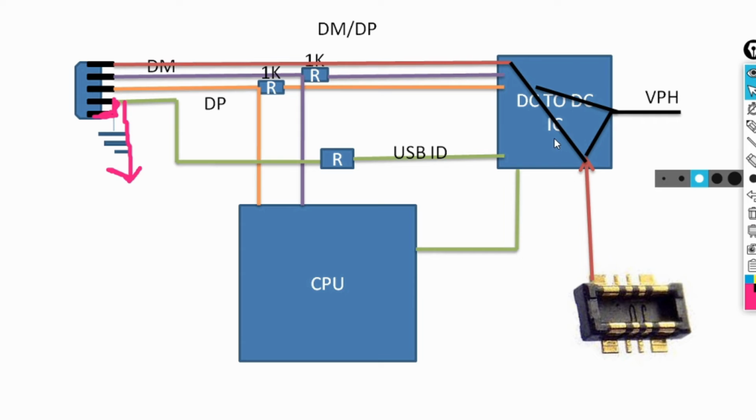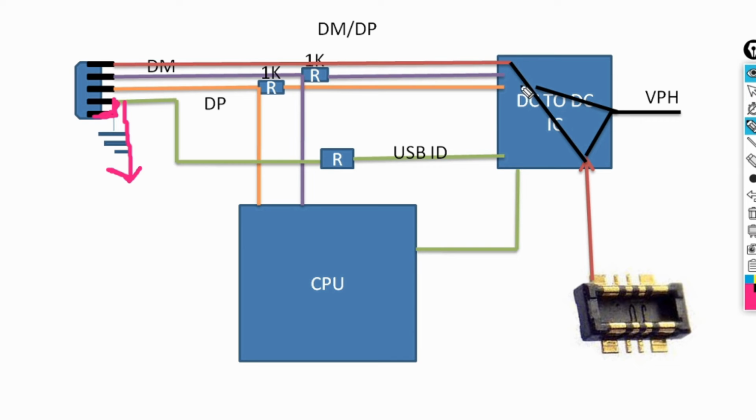But when you connect the OTG, the IC that makes VPH through the battery or charging line works in reverse when the CPU enables the OTG. So at that time VPH is made through the battery, when you connect the OTG, your phone runs on the battery, so VPH is made through the battery, right?